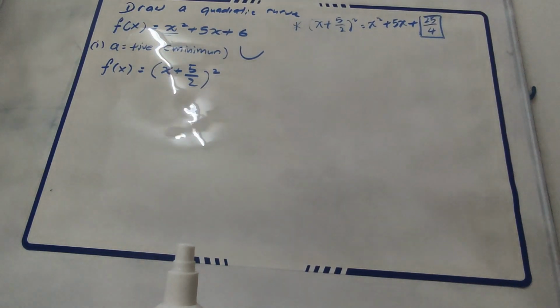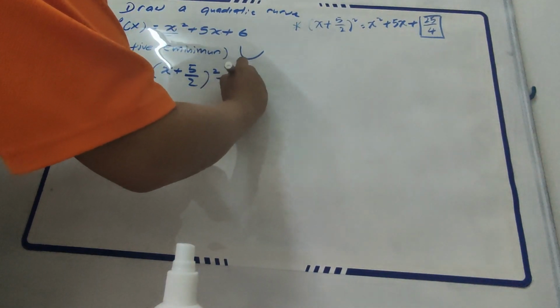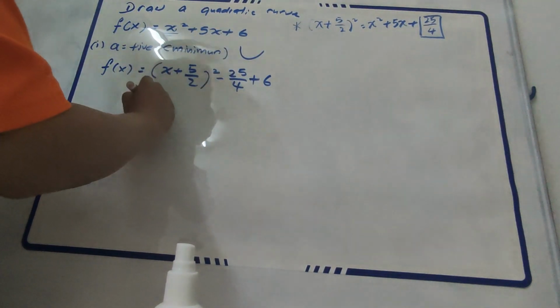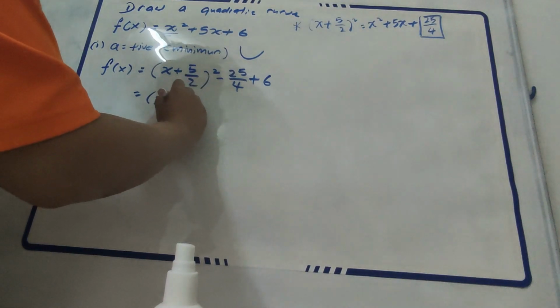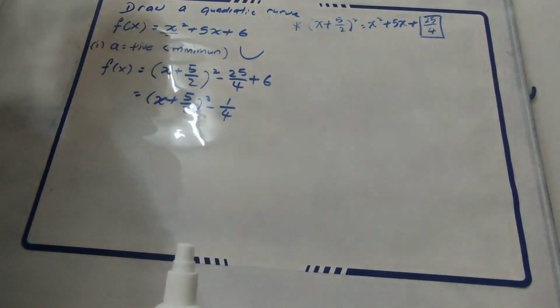So from here you minus 25 over 4, then you plus 6. So the completing the square gives (x + 5/2)² minus a quarter.